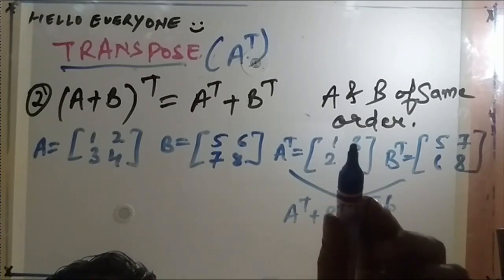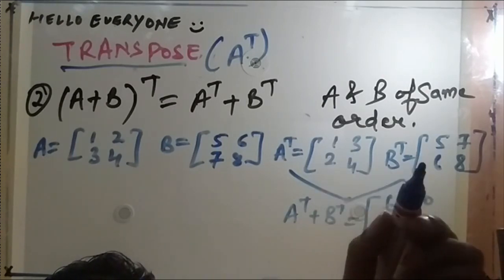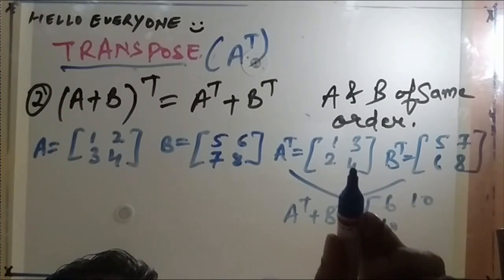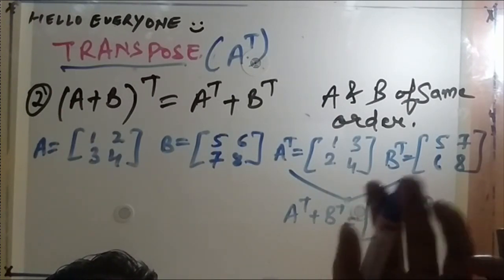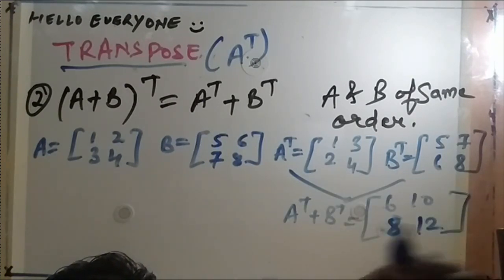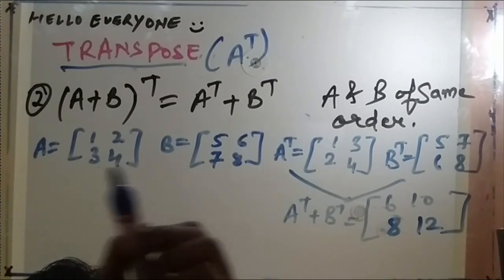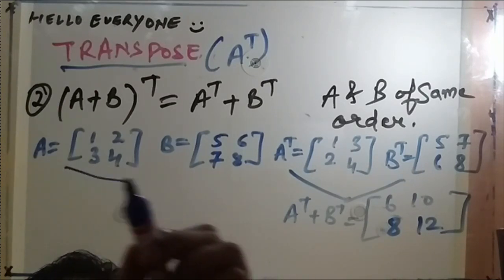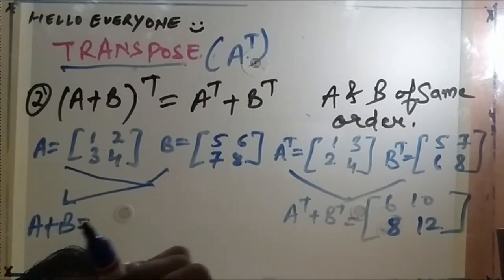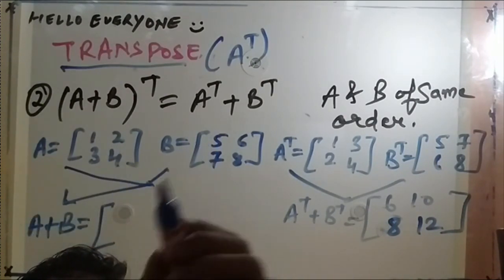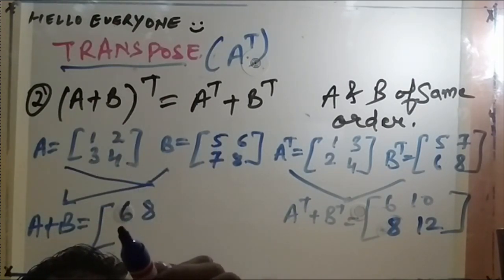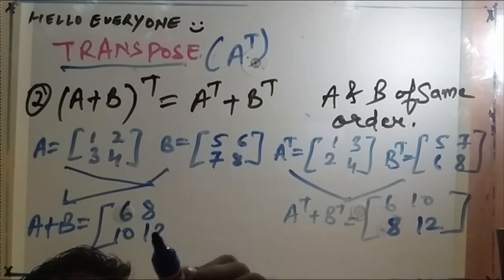6, 10, sorry, this is 8 and 4, 12, and let's sum these two. It will give 6, 8, 10, 12.